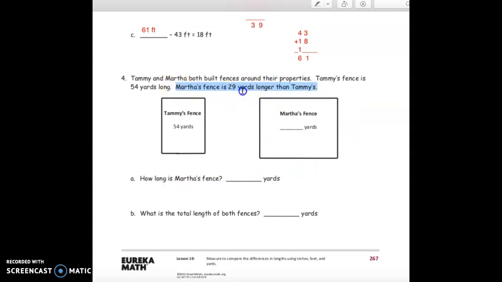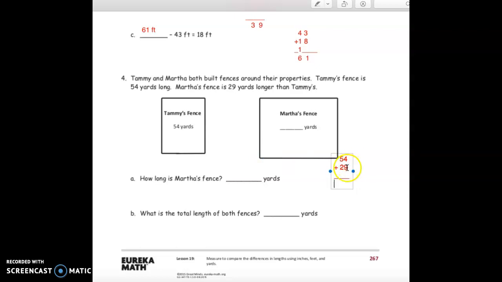Well, I already know Martha's fence is longer than Tammy's. So if it's longer, I'm going to need to add 54 plus 29. So let's go ahead and add 54 plus 29. And then bring it over here to solve using the vertical way.